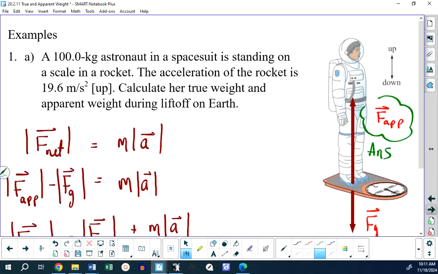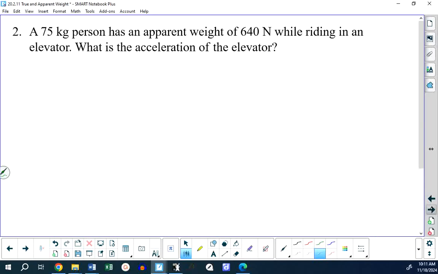I don't think we want to dive head first into this problem without knowing whether the elevator is accelerating up or down. There's not enough information to answer that question without doing at least one calculation. This is their apparent weight. This is the applied force up.